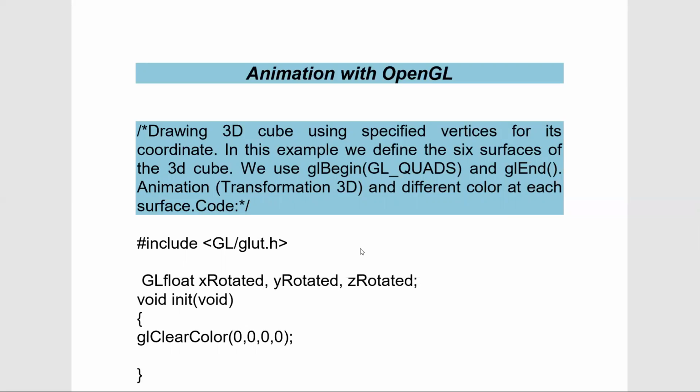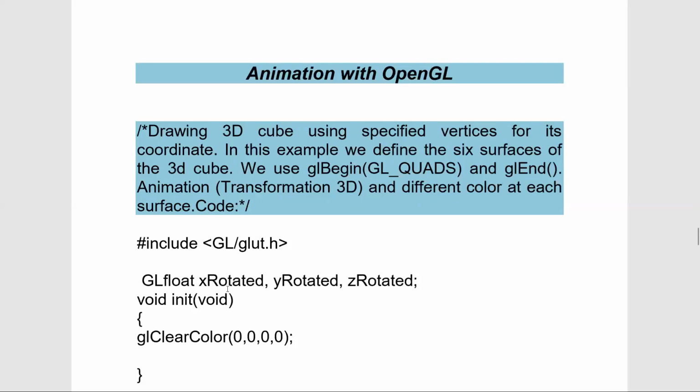The 3D cube has 6 surfaces, and all 6 surfaces are drawn as quadrilaterals, using glBegin and glEnd, and the 3D cube undergoes transformations, and the transformed effect is nothing but the animation.